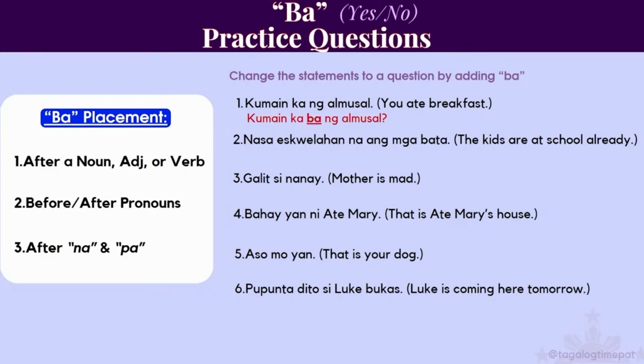So it actually goes after ka because it is one of the pronouns that go before ba. Tricky, right? It's just one of those things that we'll have to memorize. So, kumain ka ba ng almusal means did you eat breakfast? Pause the video now and then we will do the rest in just a minute.